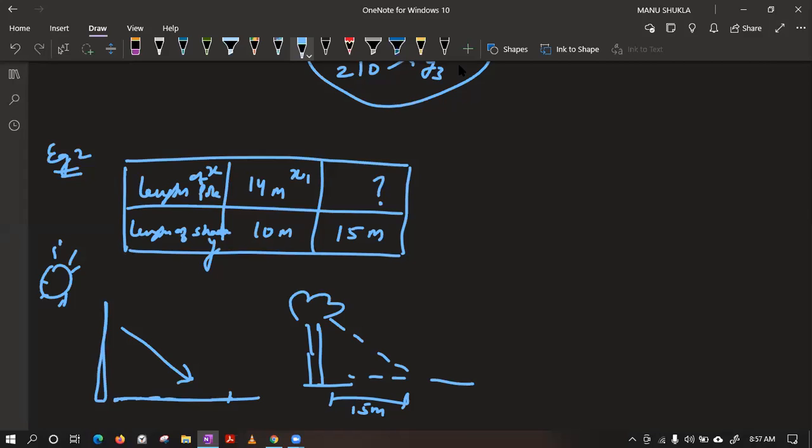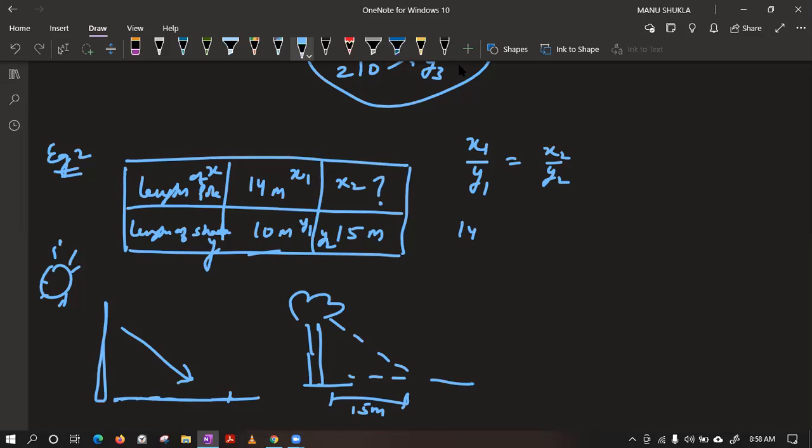This becomes x1, this becomes y1, x2 and y2. Simply we can say this relation is a direct proportion. So we can say x1 upon y1 equal to x2 upon y2. Now we just need to put the values.